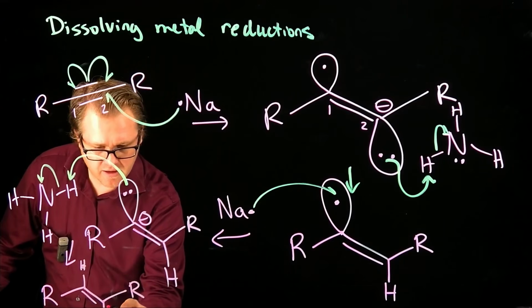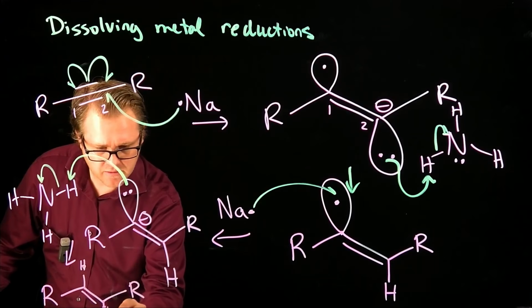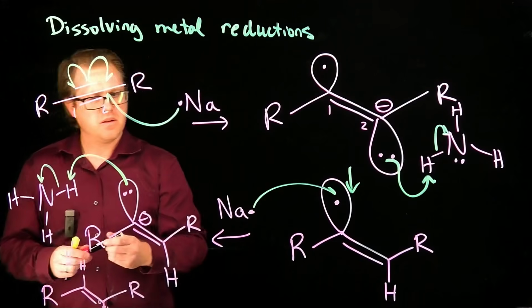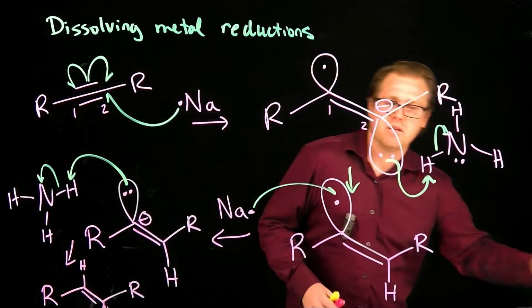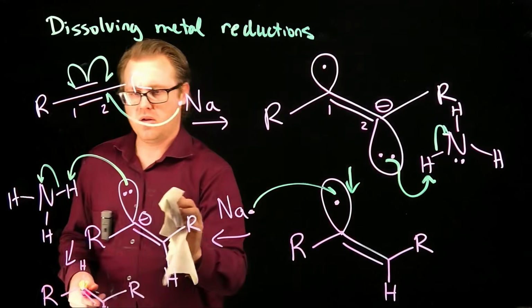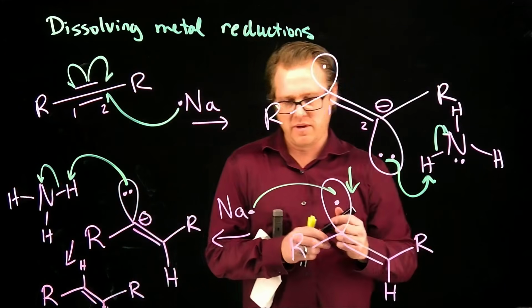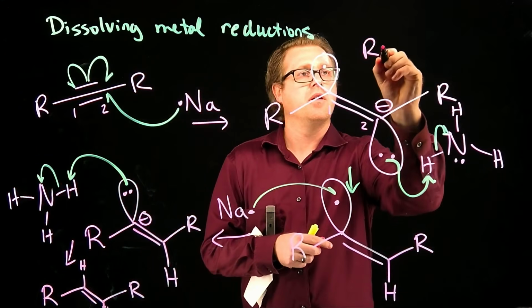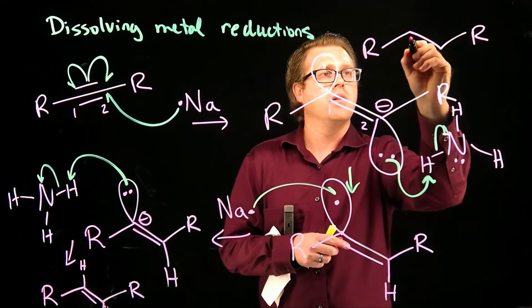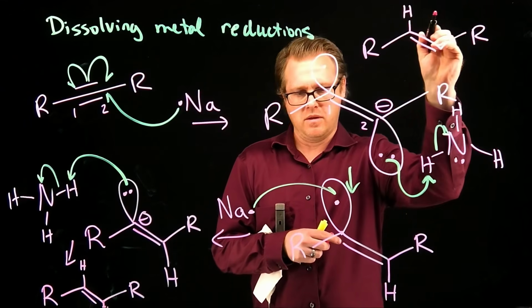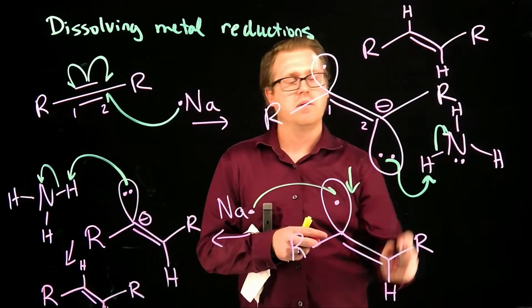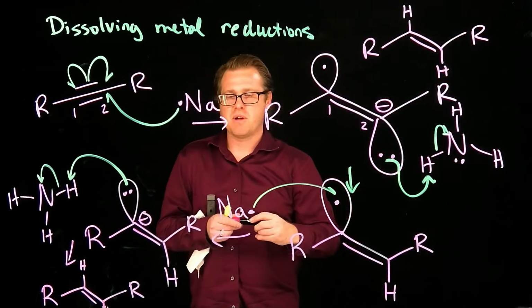So this one right here is a hydrogen. Let's draw the final product over here so we can see it. There we go. And that's going to be our trans alkene.